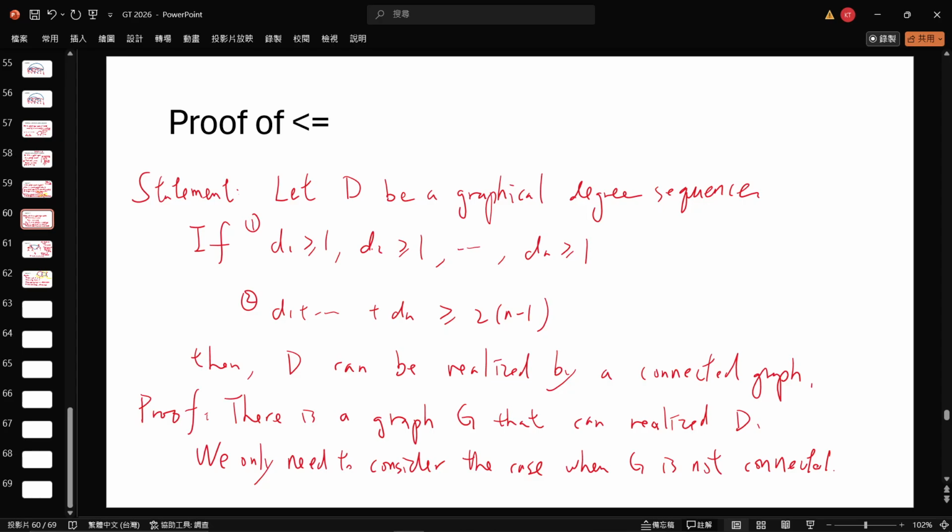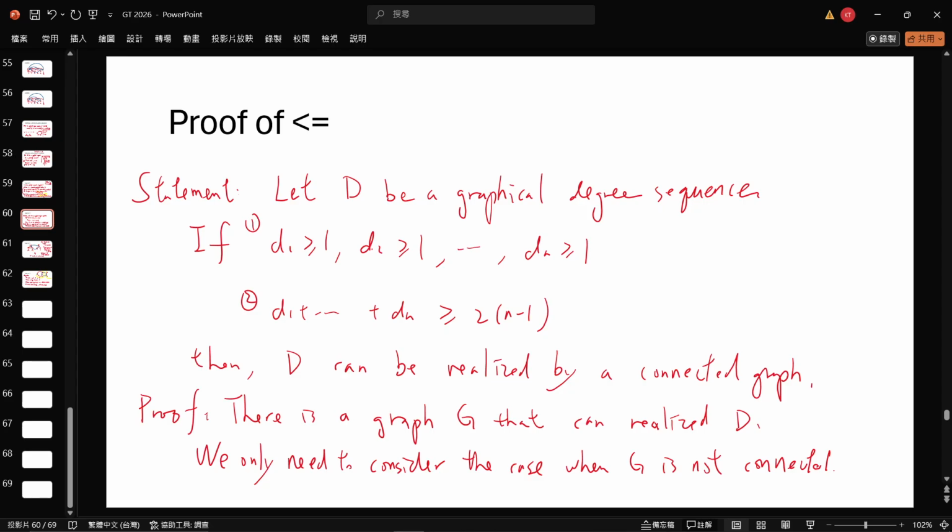So this is our assumption, and we have a graph G that realizes the degree sequence. Now, in this kind of graph, even though it is disconnected, even though it has multiple components, is it possible that this G has a component that only contains a single vertex? No. Why? Exactly. Because G realizes D, and we know that in the degree sequence D, every degree is at least one, meaning every vertex has at least one neighbor.